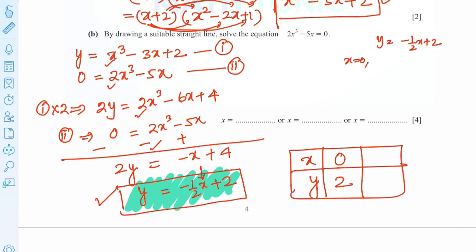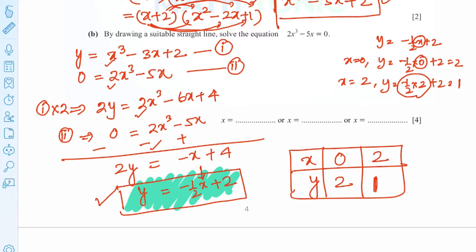If x equals 0, y equals minus half times 0 plus 2, so I'm getting 2. If I say x equals 2, y equals minus half times 2 plus 2. So if you check, it should be minus 1 plus 2, I'm getting 1 here. Did you get it? So yes, if x equals 2, I'm getting y equals 1.